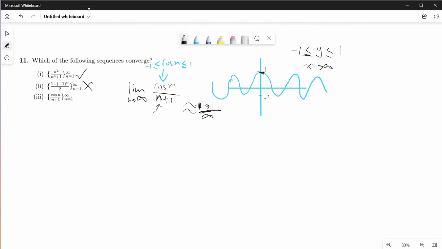Therefore, this limit will come out to be 0 as the bottom approaches infinity. So sequence number 3 also has a limit, therefore it converges.